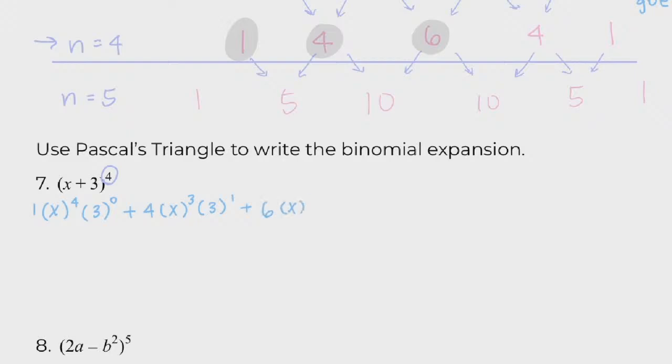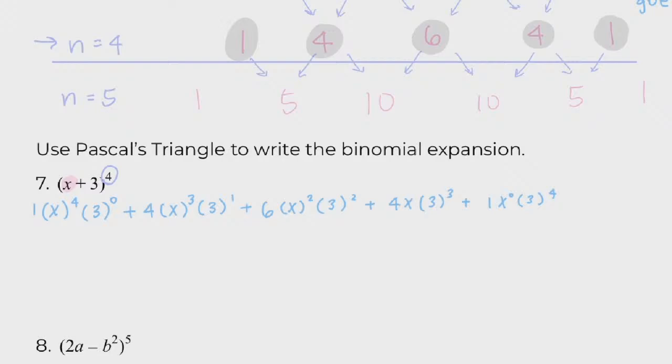Then we have x squared and 3 squared. And then for the next one, that'll be 4. And that'll be x to the first power, 3 to the 3rd. And the last one is 1. So it'll be x to the 0 power and 3 to the 4th.